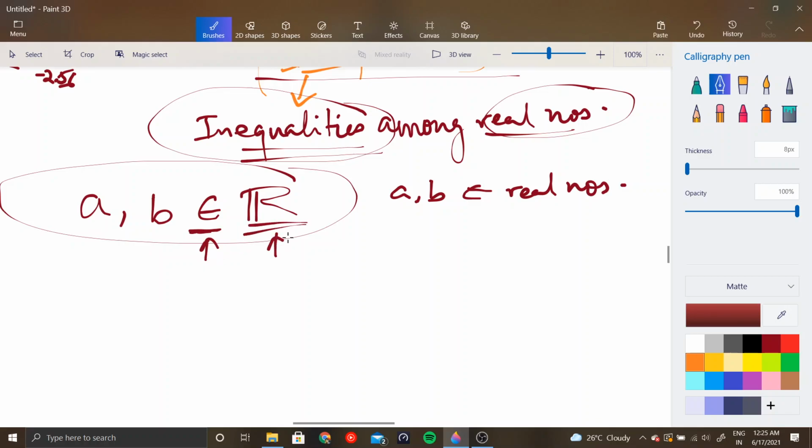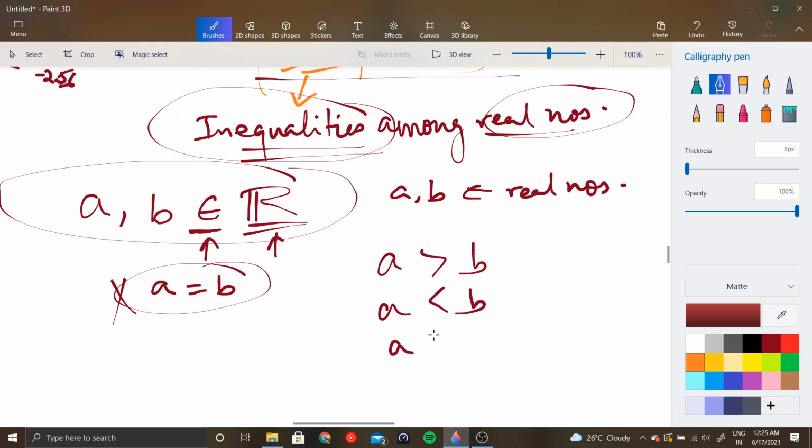If A and B are equal, they are basically linearly equal, and we are not interested in this case. For any other case, when A is greater than B, when A is less than B, when A is greater than or equal to B, or A is less than or equal to B, we are interested in these cases.